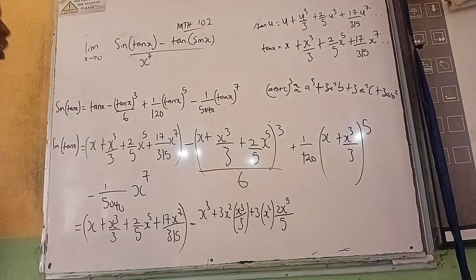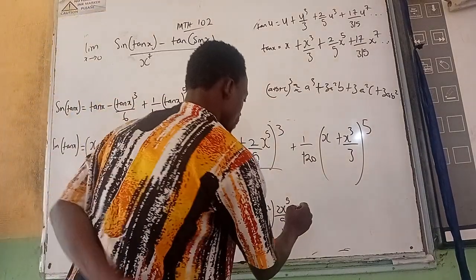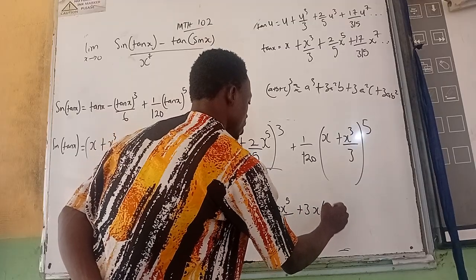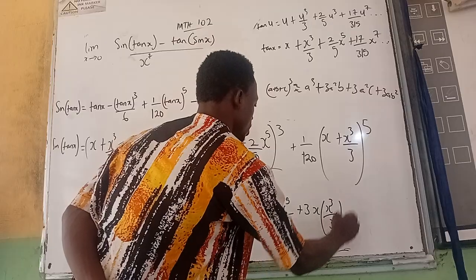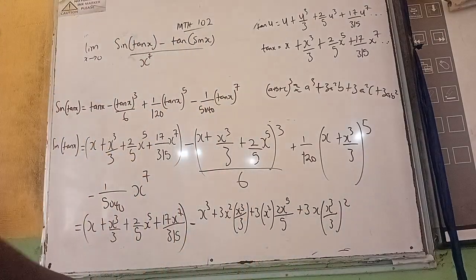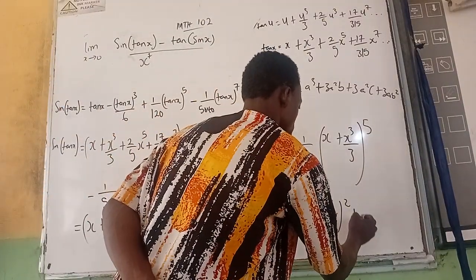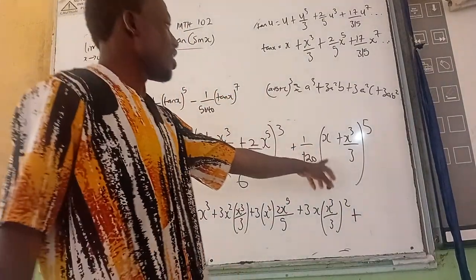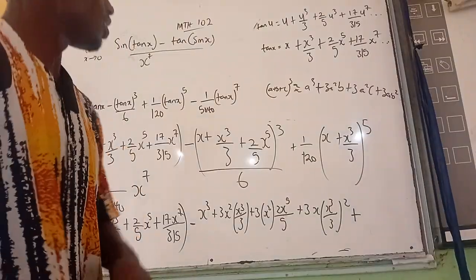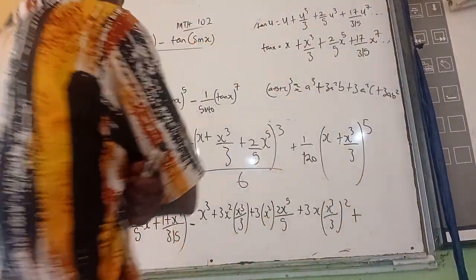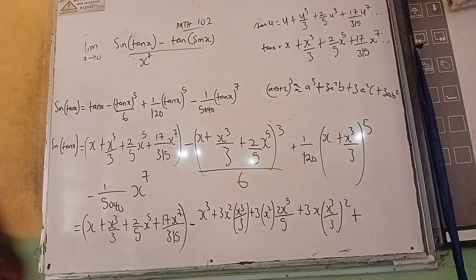Are we together? Plus 3ab square, plus 3 times a, which is x, times b square, x cube over 3 squared, plus. Now this one, if you take the fifth power of it, this is going to give us... this board, there is no space. So okay, let me clean this.